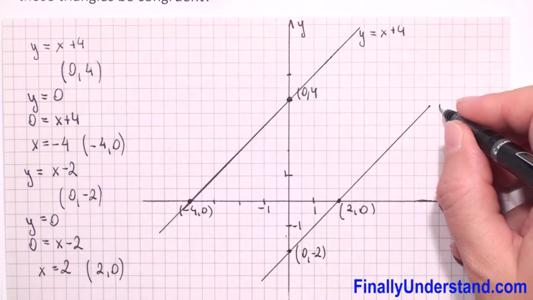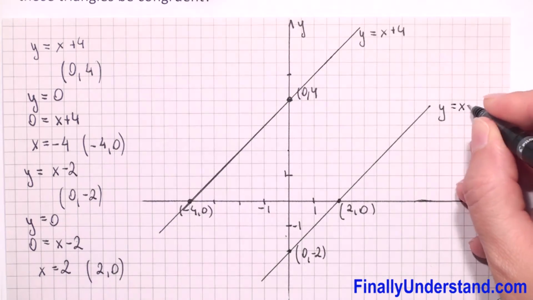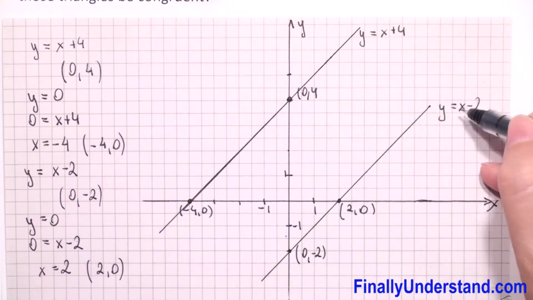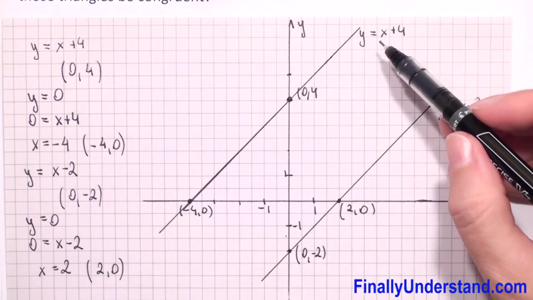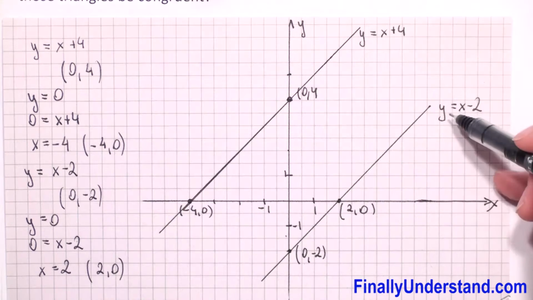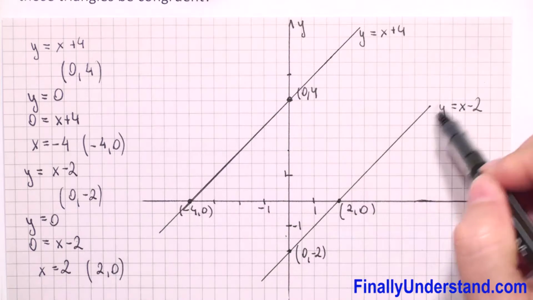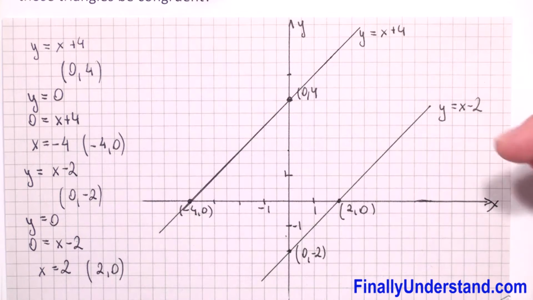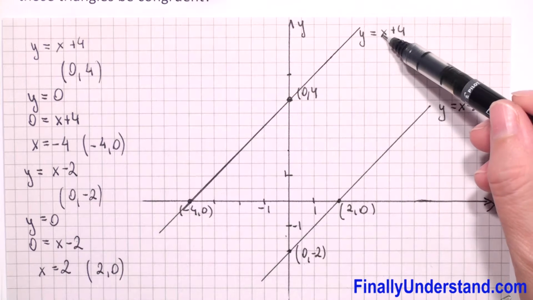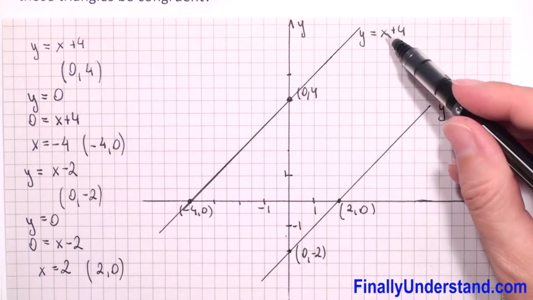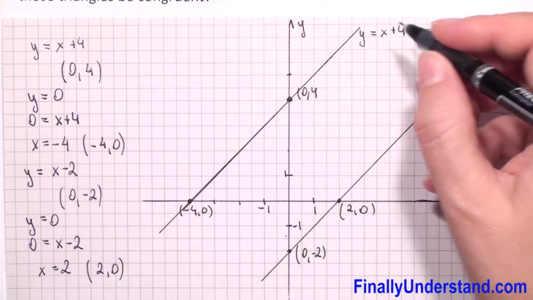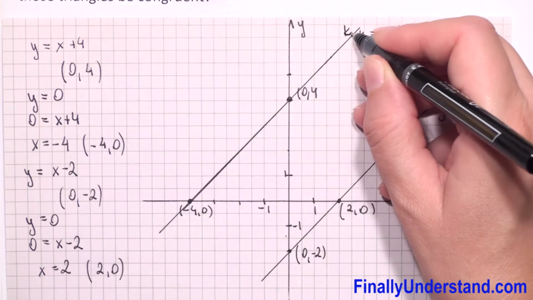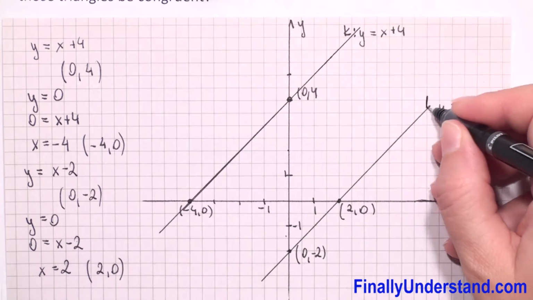This is y equals x minus 2. The coefficient before x is positive 1. It means that these 2 lines are parallel because the coefficient before x is the same. So let's say this is line K, this is L.